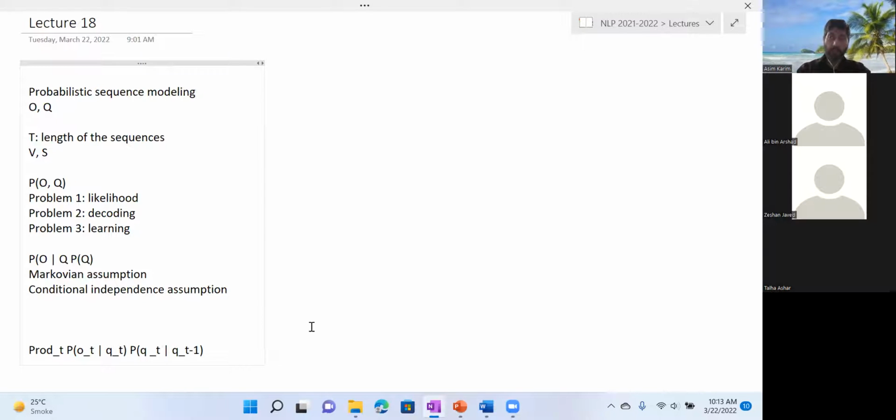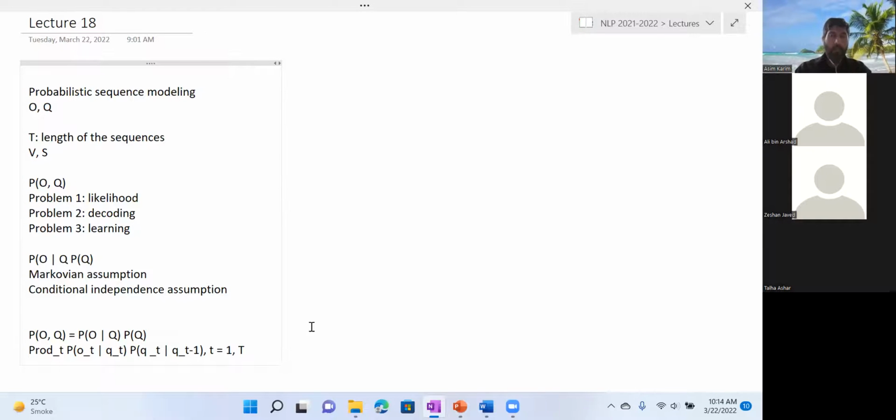If you make both of those assumptions, the expression on the right hand side breaks down into this product over T. T is of course the position in the sequence, so T goes from 1 to capital T.